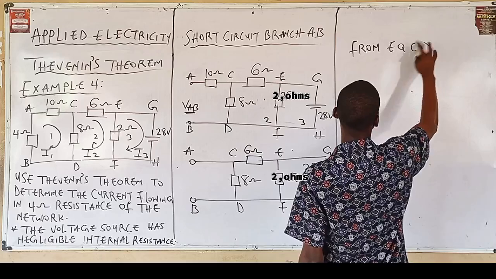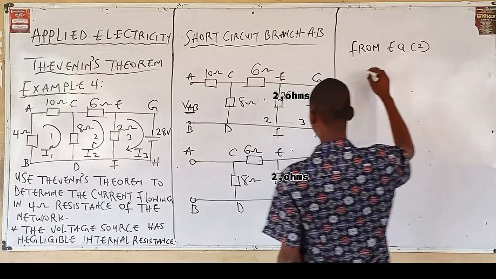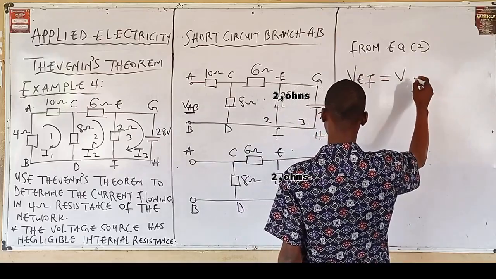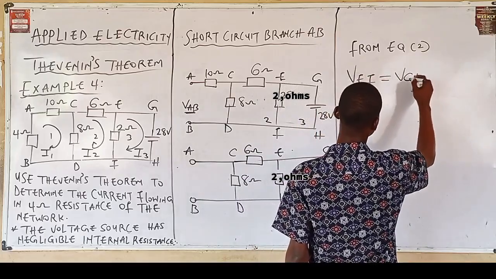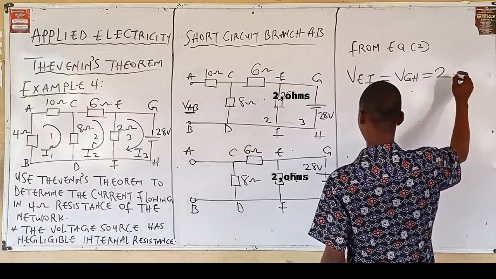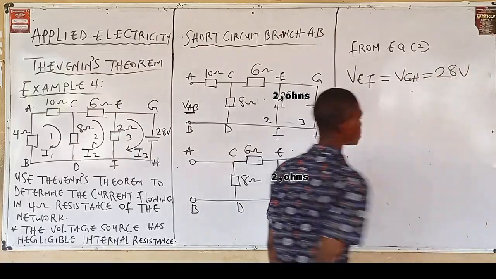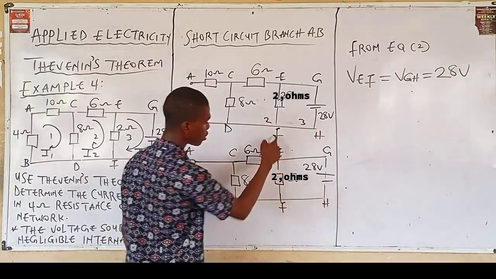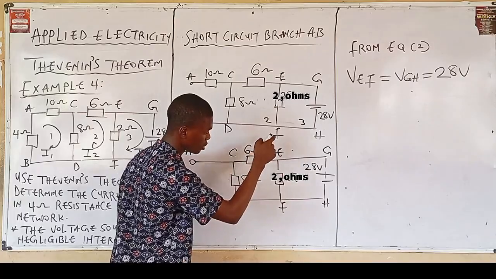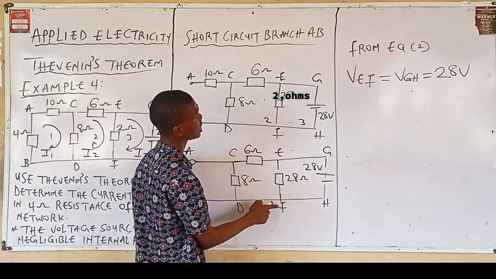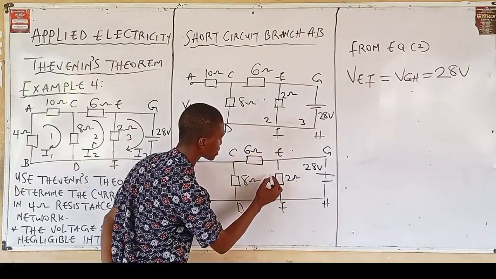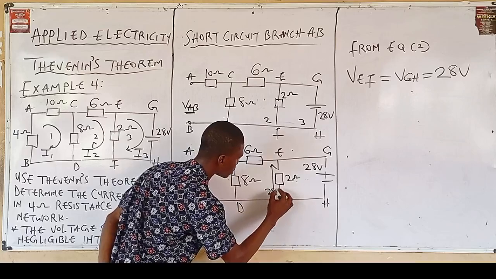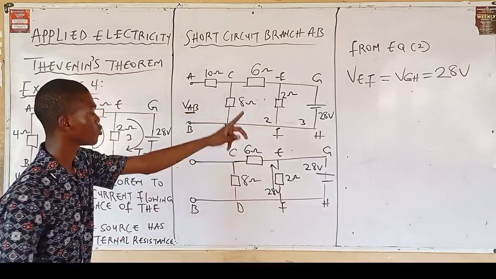From equation 2, the value of voltage in branch EF is equal to the value of voltage in branch GH, which is 28 volts, from the question given. Obviously, the value of voltage in branch EF will also be 28 volts. So let's represent that using this arrow: 28 volts. That's from equation 2.